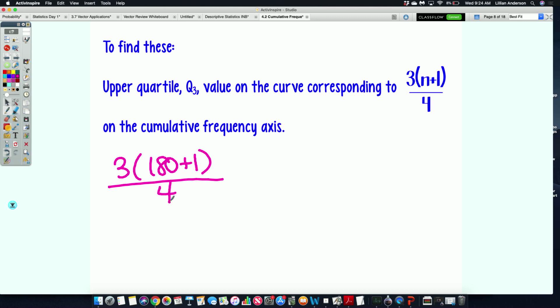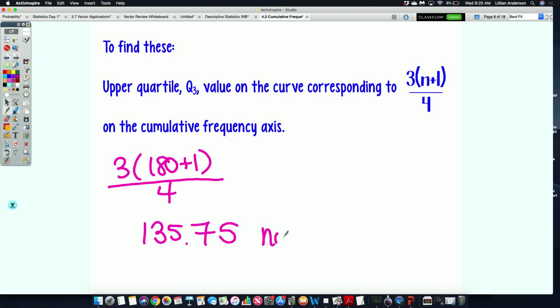And what's that value? 135.25? Something's off there. So 135.75? Yes.